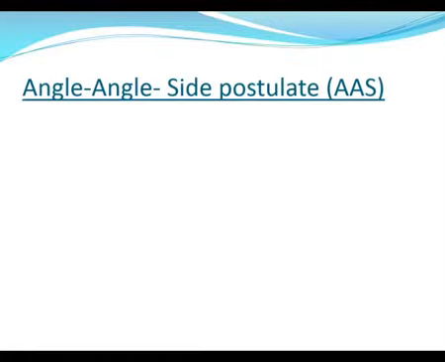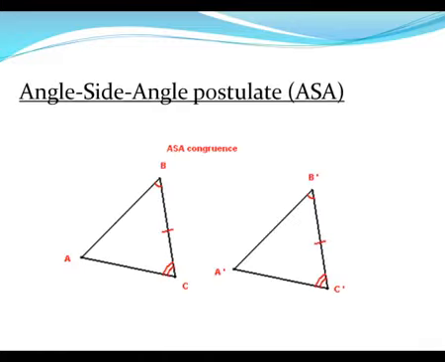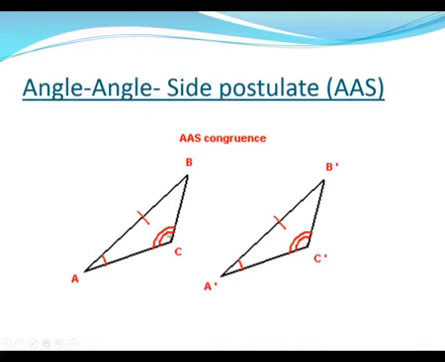The final shortcut that works, if you compare three parts in one triangle to three parts in another triangle and they happen to be congruent, is the angle angle side postulate, or the AAS postulate. It's kind of like angle side angle. In angle side angle, you have two angles with a side marked in between them. In angle angle side, you have two angles marked congruent, and the congruent side is not in between the angles.